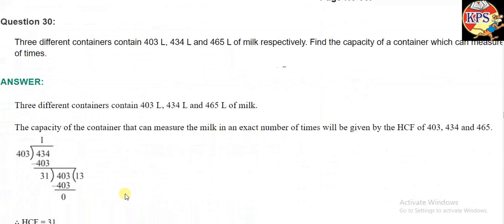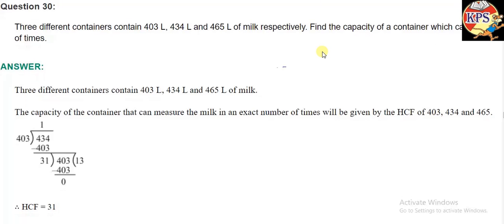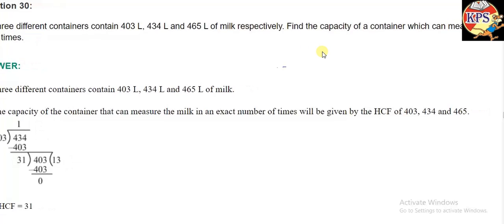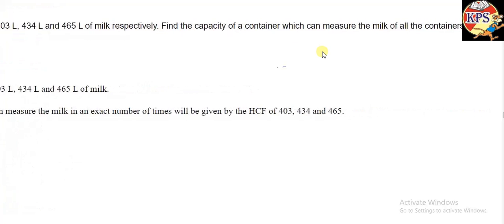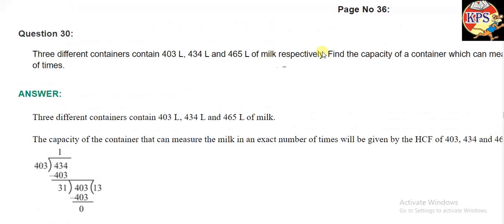Now in question number 30, three different containers contain 403 liters, 434 liters and 465 liters of milk respectively. Find the capacity of a container which can measure the milk of all the containers in an exact number of times. So we have to find the measure of a big container which can measure the capacity of all the containers.